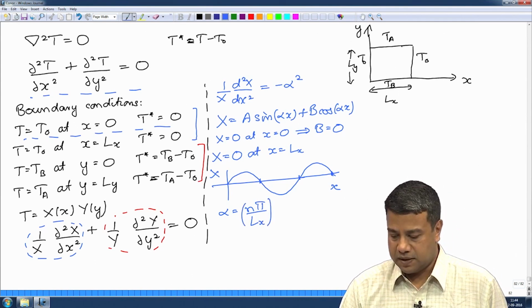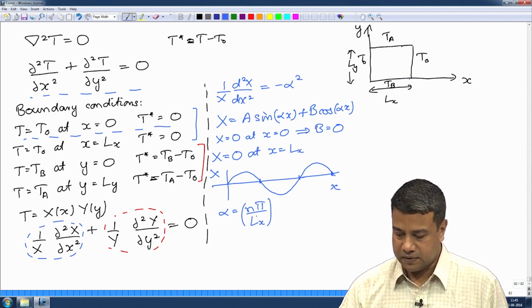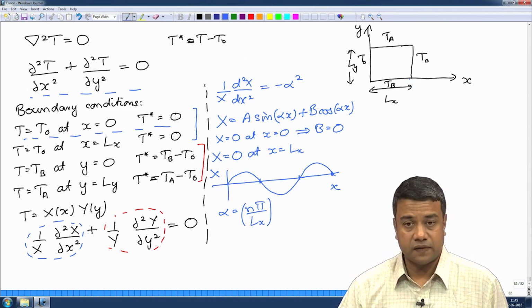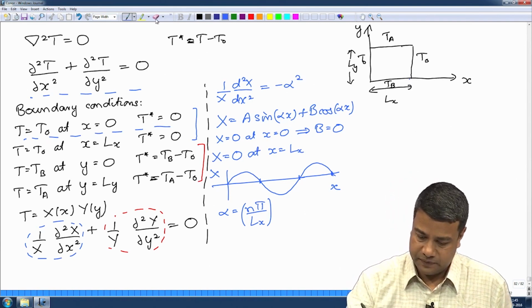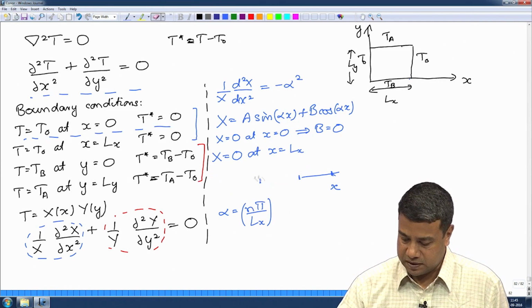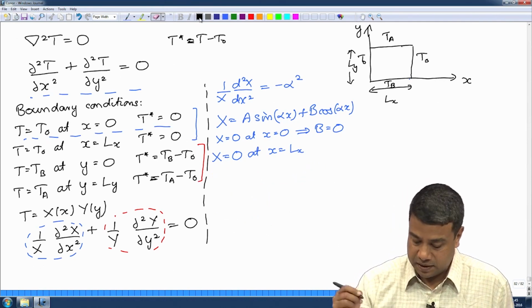You can see that when alpha is equal to n pi by Lx and x is equal to Lx, you have sine of n pi and that is 0. So, this is a valid solution, a sine function. It decreases to 0 on both the left and the right faces. So, it satisfies both boundary conditions, where n has to be an integer.